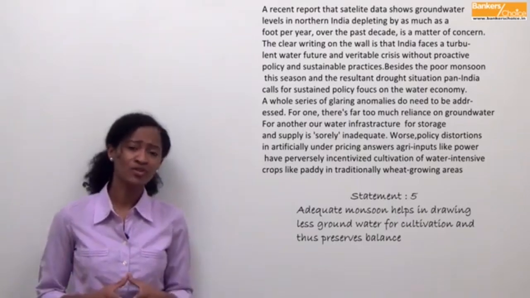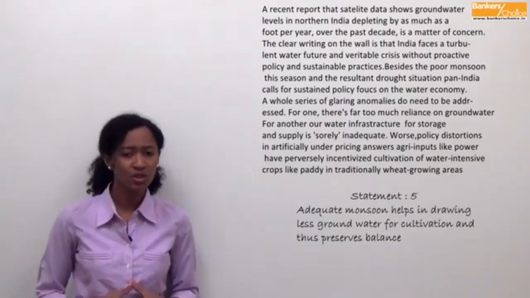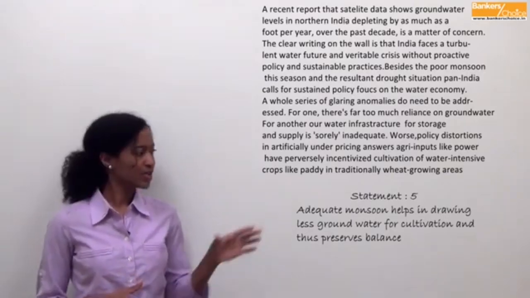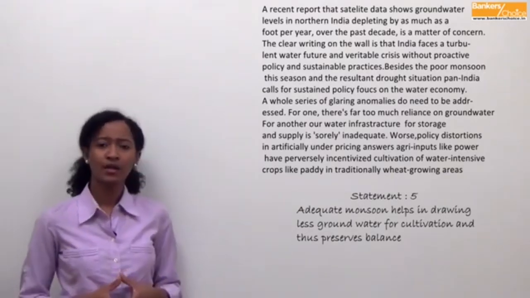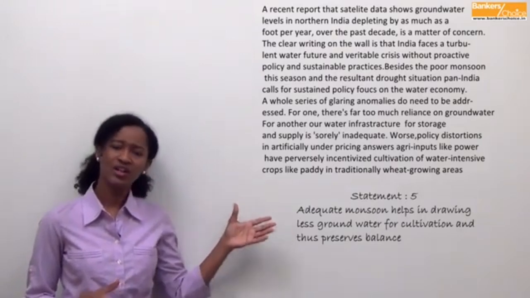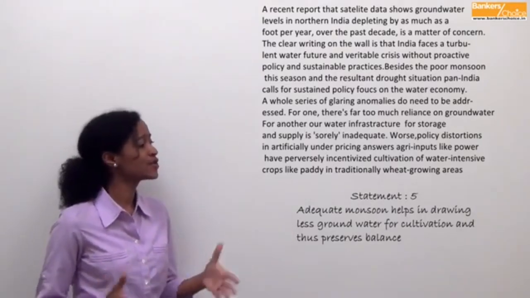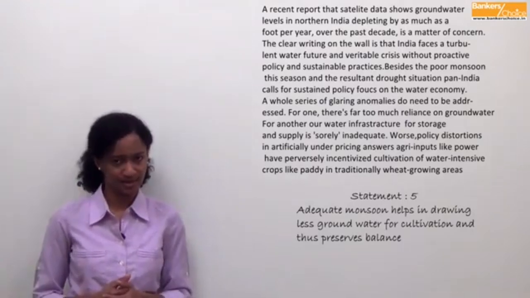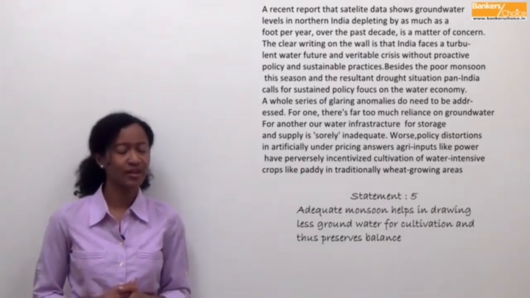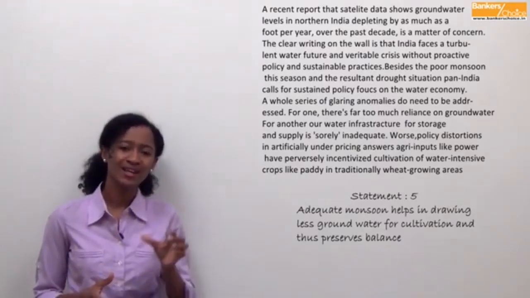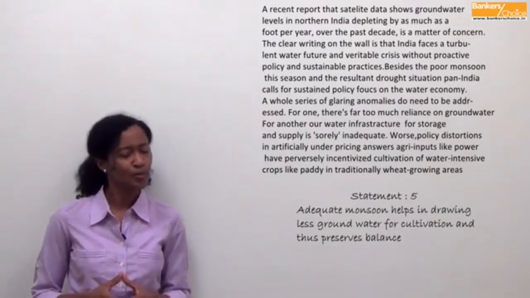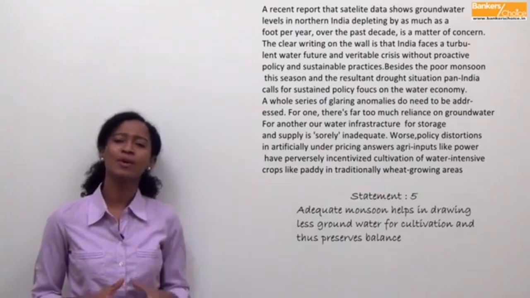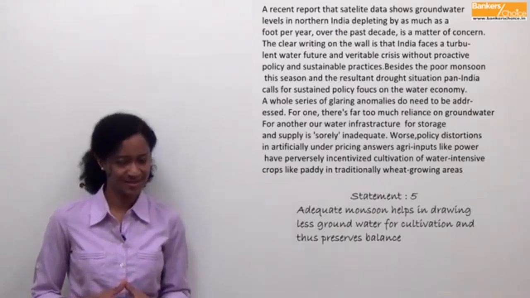So, if there's adequate monsoon, there are chances where we don't have to rely so much on groundwater. It makes logical sense. So here I would go ahead and say, there is information in the passage. It's probably true. Adequate monsoon helps in drawing less groundwater for cultivation, and thus there will be some sort of balance where we can manage the water resource, right? So I would go ahead and say this particular statement is probably true, if not completely, because there is some amount of information in the passage supporting the same.